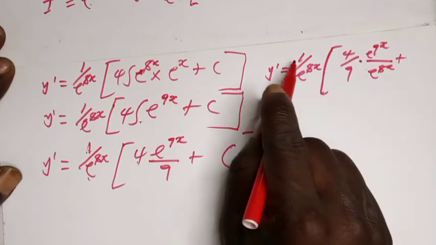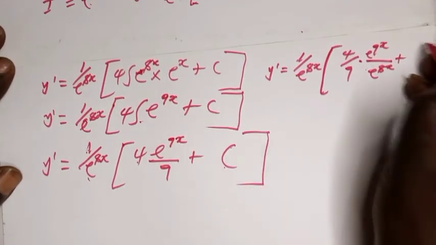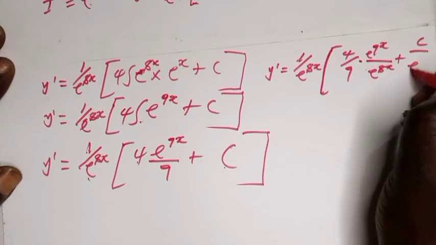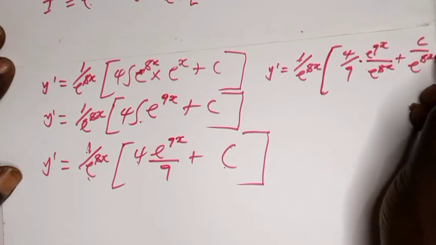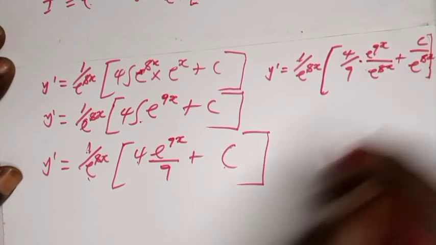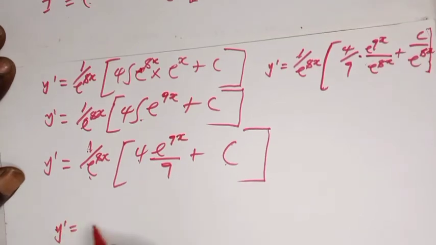Then when we multiply 1 times c, we are going to have c over e power 8x, then close square bracket.